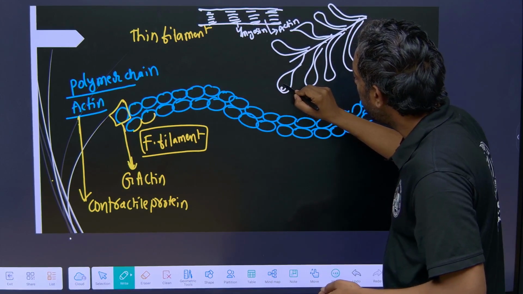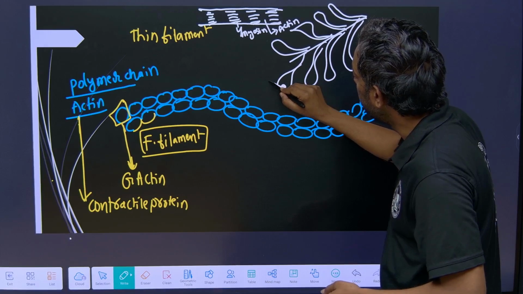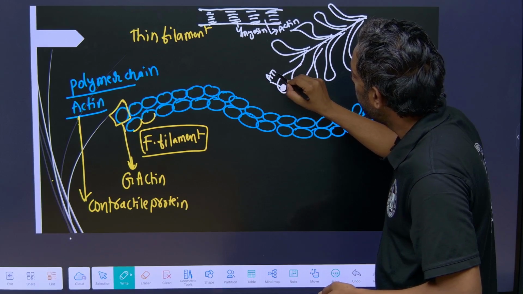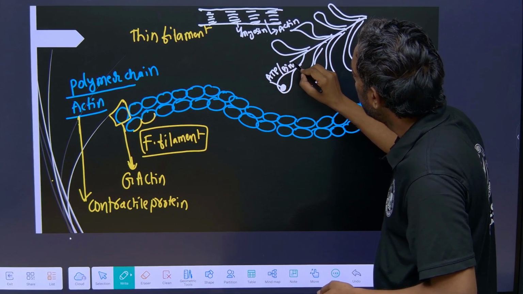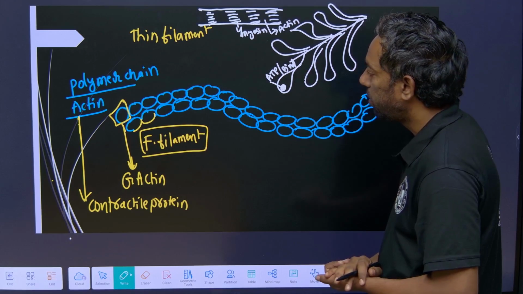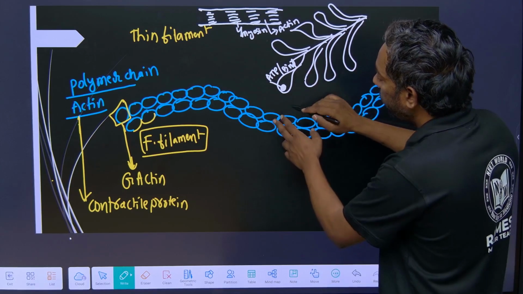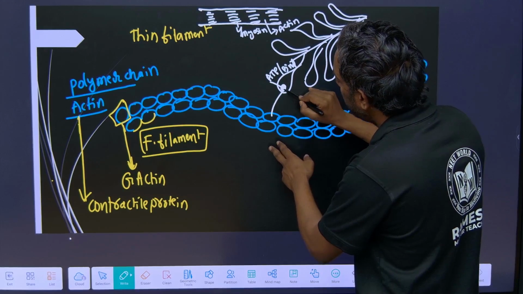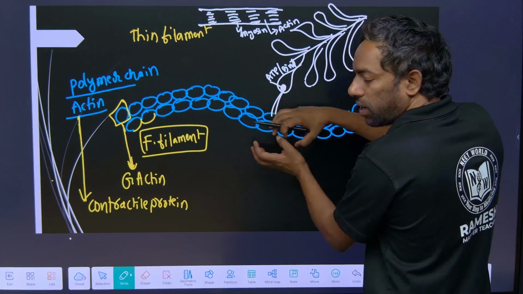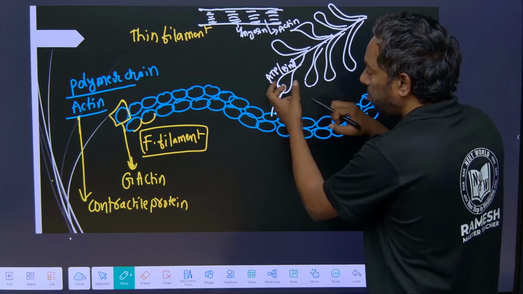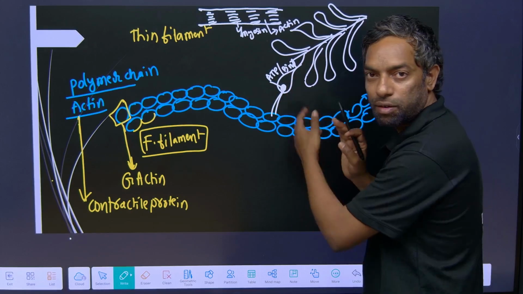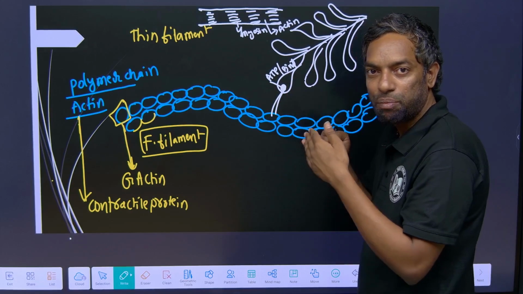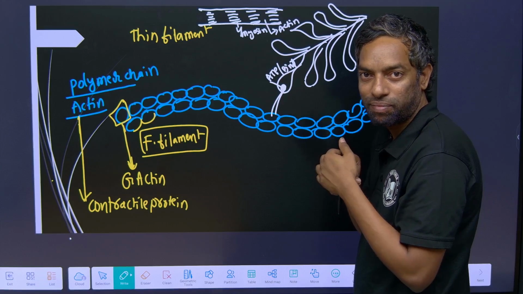This is the ATP binding site in the head, which binds to the actin filament. If it can attach at this site, the myosin filament can pull the actin filament back. In that way the muscle is going to contract.